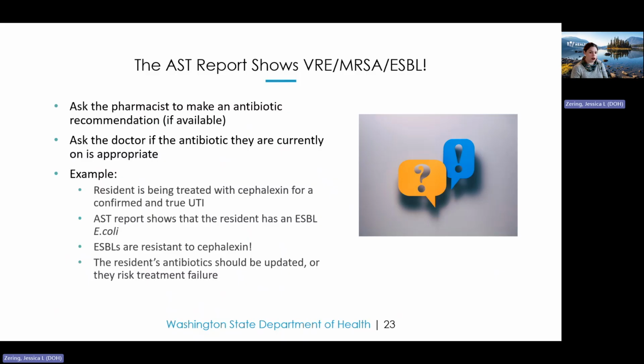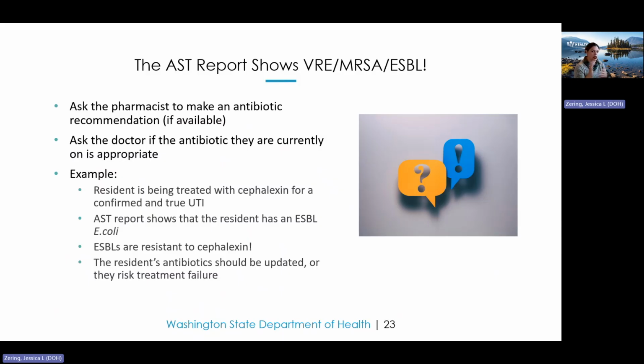That AST report shows that R next to ceftriaxone, and we're feeling concerned that this might be an ESBL. ESBLs are resistant to cephalexin, and therefore it is important to ask that question, is this antibiotic, the cephalexin, appropriate for them? That will cue the doctor that maybe it might be a good idea to take a look at the treatment regimen, treatment plan, and maybe make a change to it.